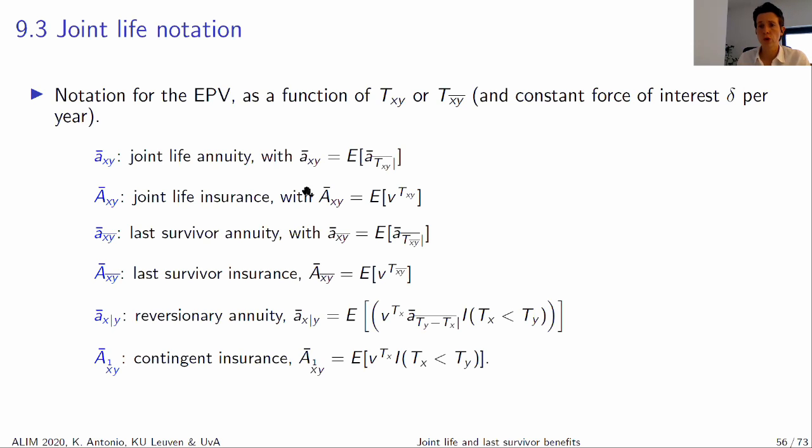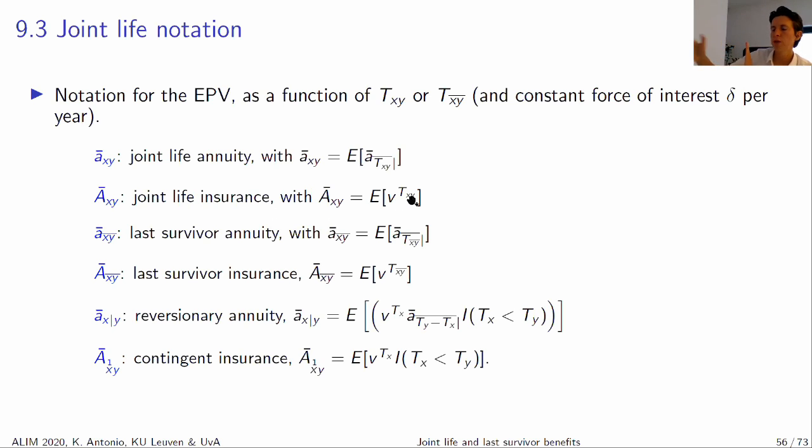On the other hand, if you look at a joint life insurance product, then you can look at A bar XY. So again, it's in continuous time. And this product will pay a benefit of €1, let's say, at the moment that your joint life status stops being active, yeah, or ends, right? So that means, what do we have if we look at this EPV? Well, the joint life status is going to stop at T_XY, which is a random variable.